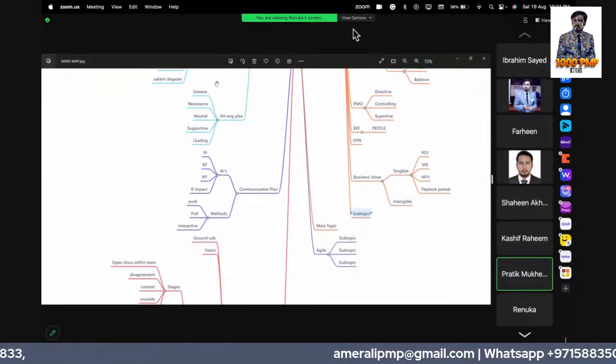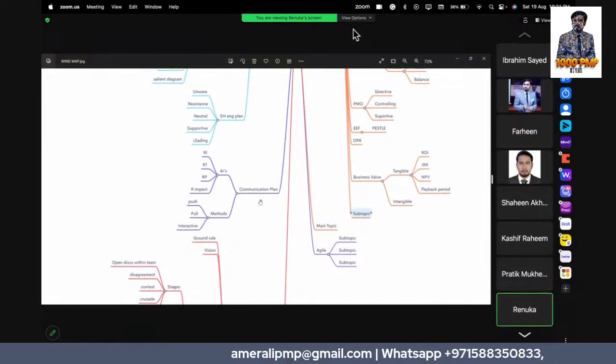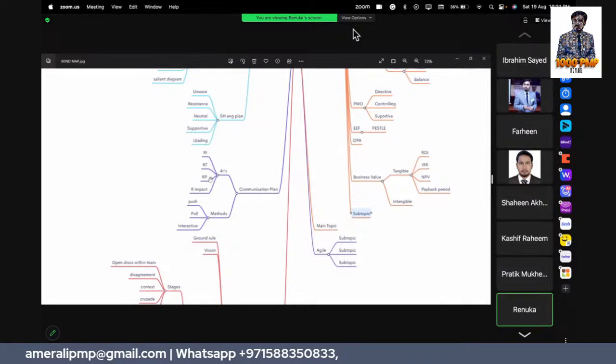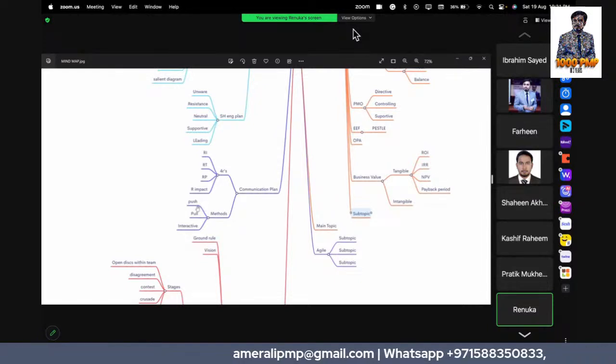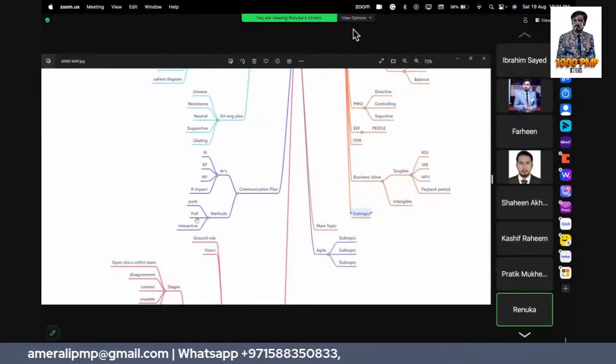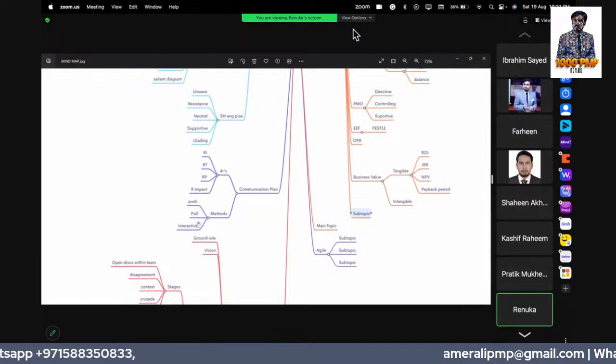I'll take the team. Okay, so in communication, we have 4 R's: right information at right place to right people for right impact. And then we have communication methods, where there are 3 types: push, pull, and interactive. Push is like advertisement. Pull is where effort is needed; you have to search, like when we are searching on YouTube.